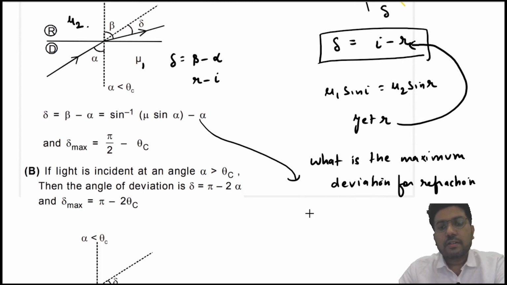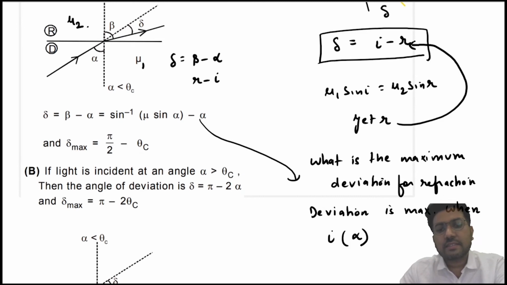Now, deviation is maximum when the angle of incidence, that is in this case alpha, becomes equal to the critical angle, theta c.